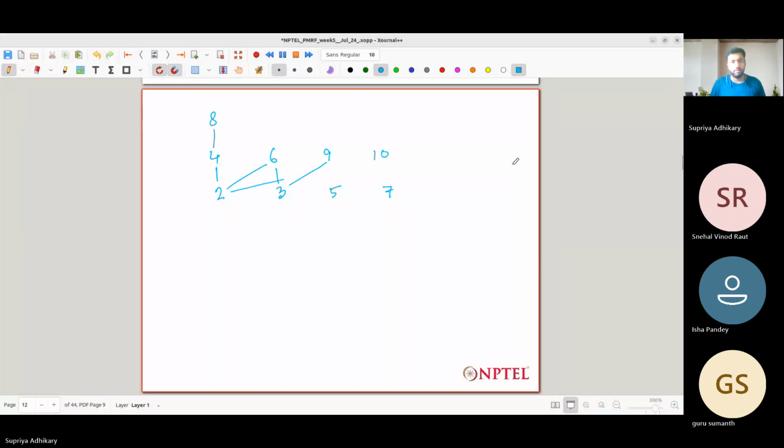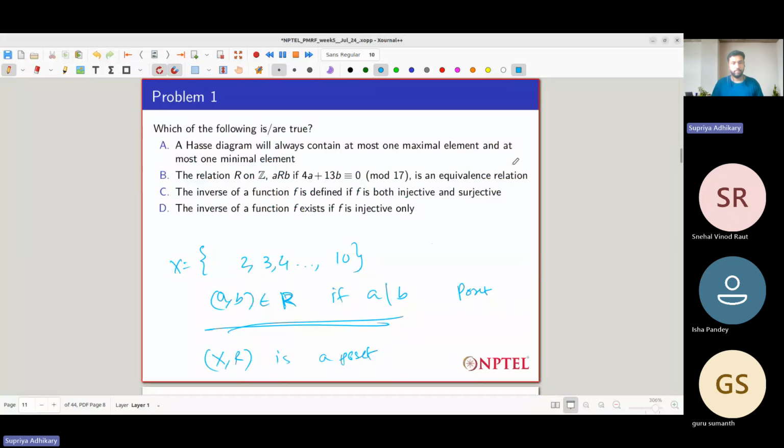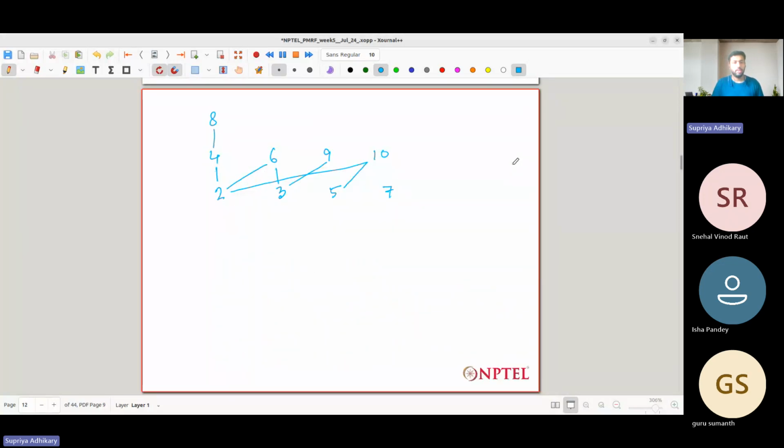So this is the Hasse diagram for this partial order set. Basically, 2 divides 4 and 4 divides 8. And similarly, 6 is divisible by 2 and 3 both. So we have created the Hasse diagram.